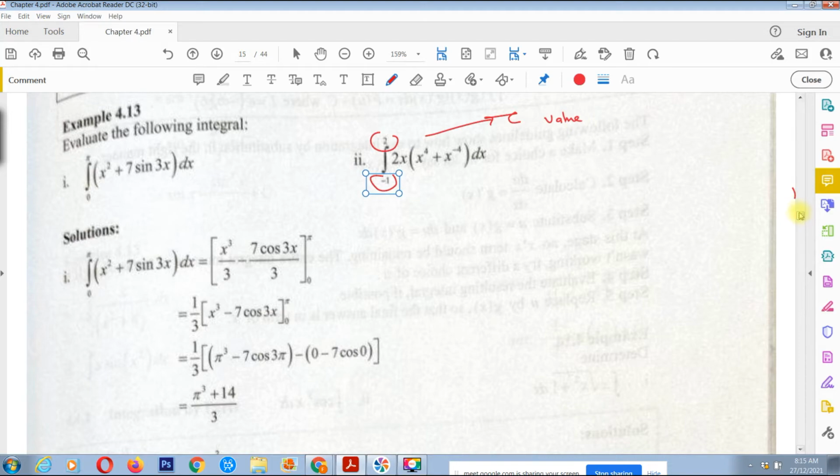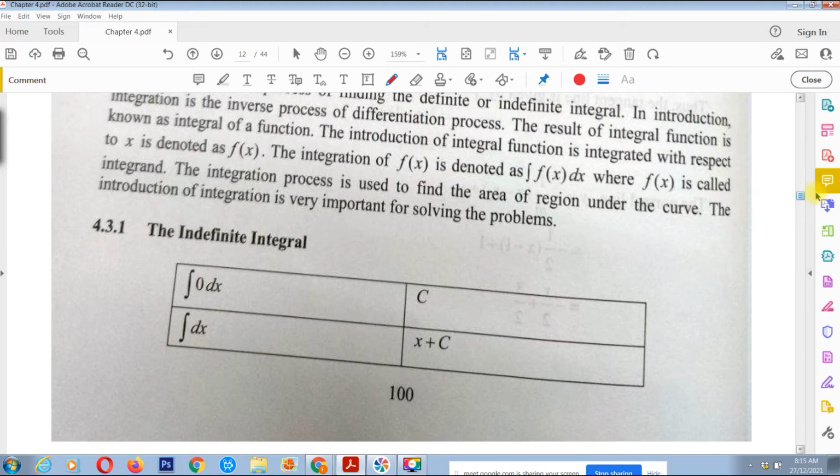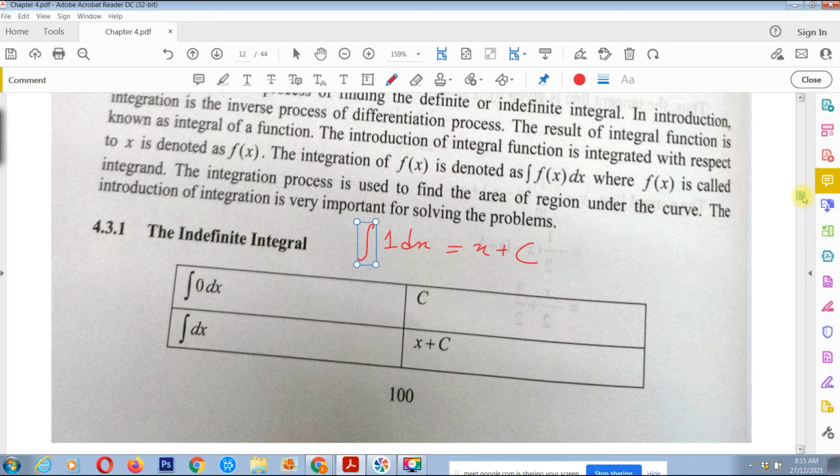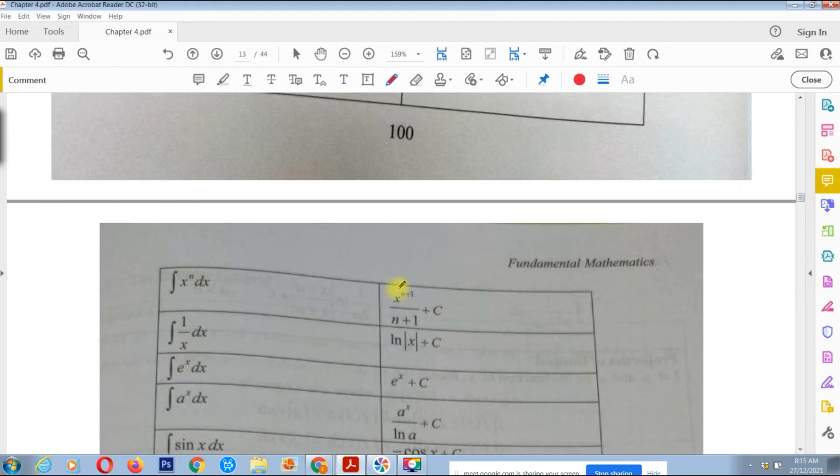Integrate 0 gave c; now integrate 1 dx, and we will get x plus c. Integrate x to the power n, we will have this formula.